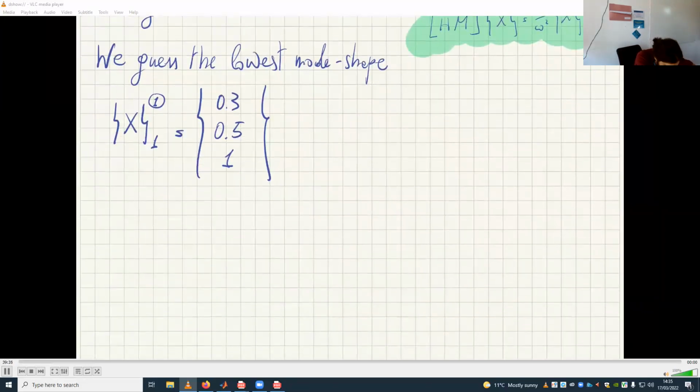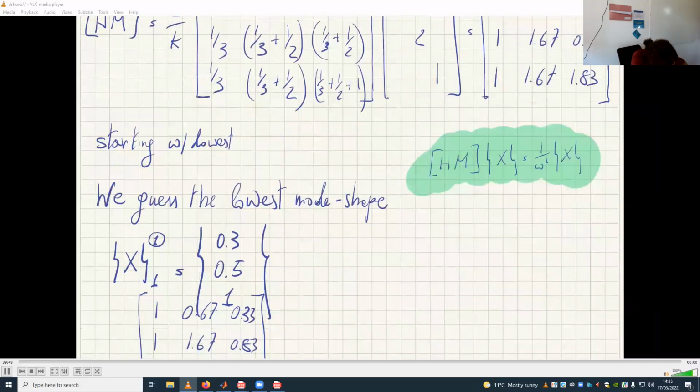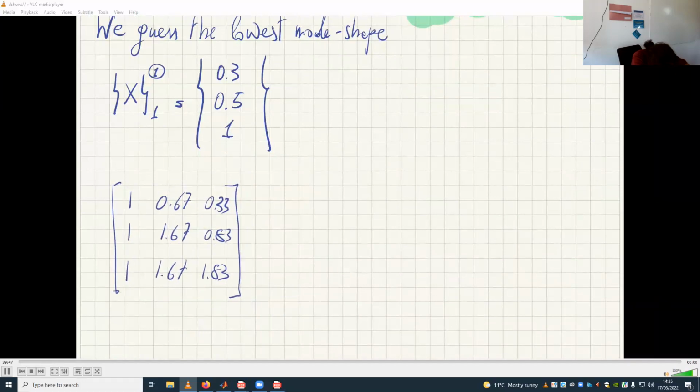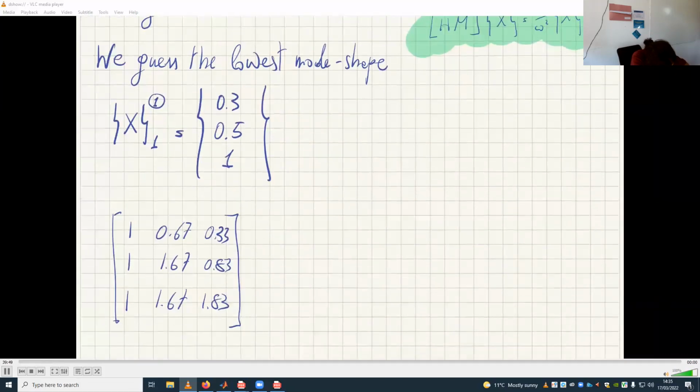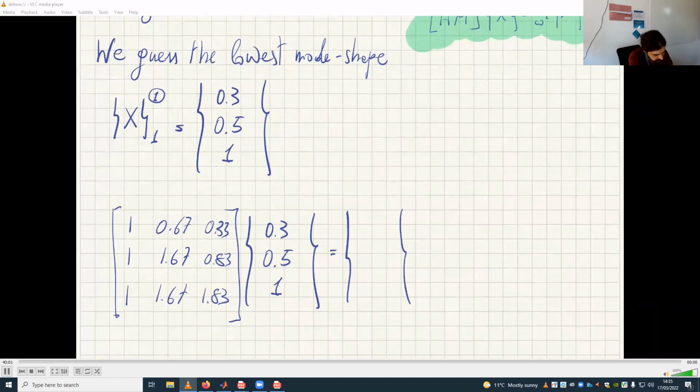So this matrix here is H times M, times this guess, equals a vector that I'll compute with MATLAB.